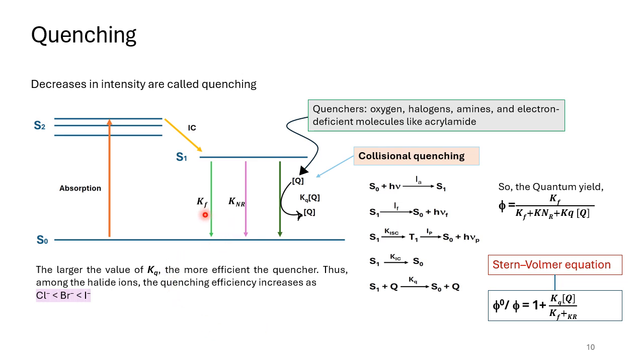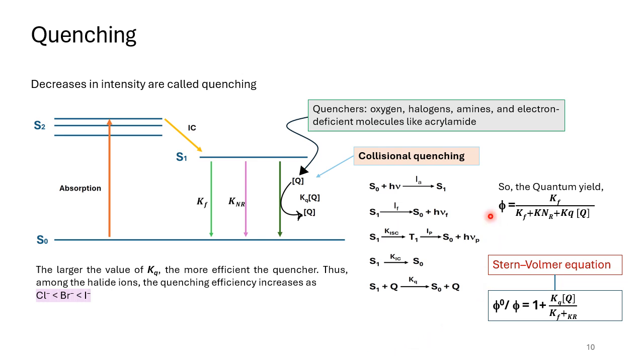So along with the radiative and non-radiative processes, there is another relaxation process which affects the intensity of the fluorophore. There are some common quenchers like oxygen, halogens, amines, and from these equations we can also get the rate of the quenching, which actually affects the intensity of the fluorophore.